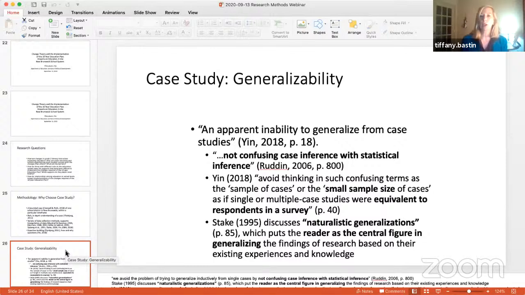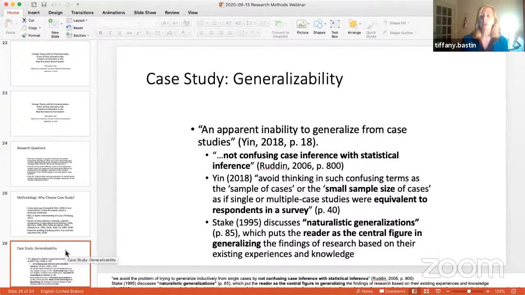So that's where sometimes there's a challenge. And what I like about what Stake has to say about case study conclusions is the reader is the central figure in generalizing. So if you were to read my case study, you would naturally start saying, well, that sounds similar to what has been happening in my education system or in my school or my region.